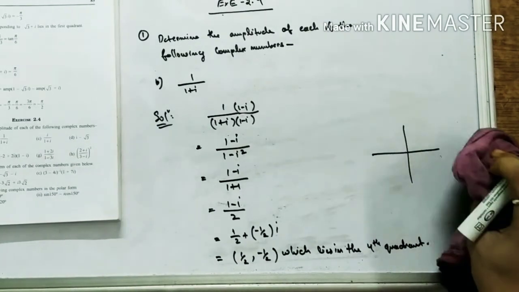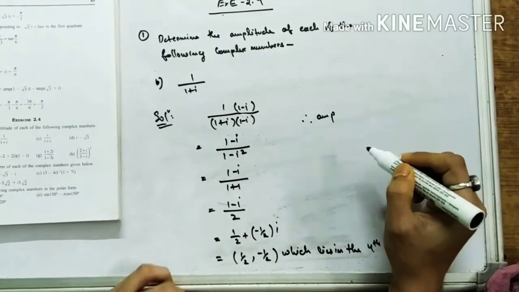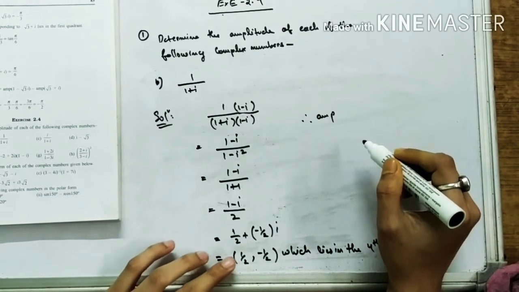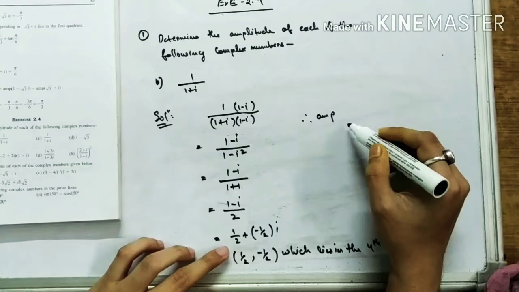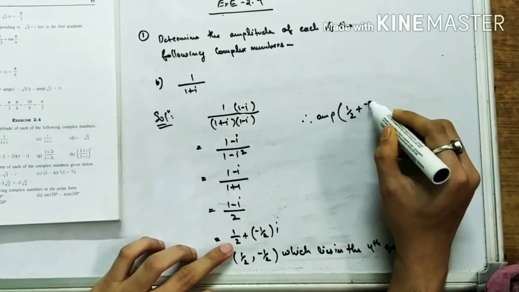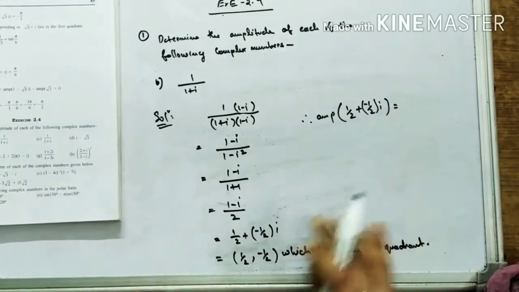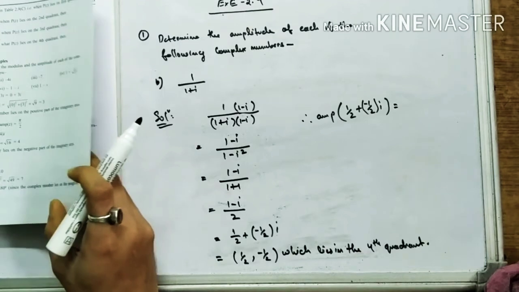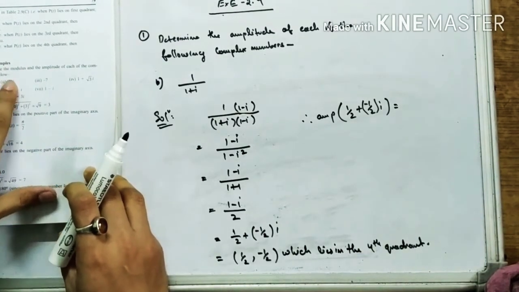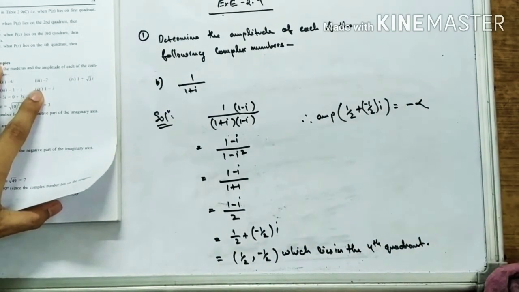So therefore, you can write it this way: amplitude of 1 by 2 plus minus 1 by 2 i. The amplitude of this complex number in the fourth quadrant will be equal to minus alpha.